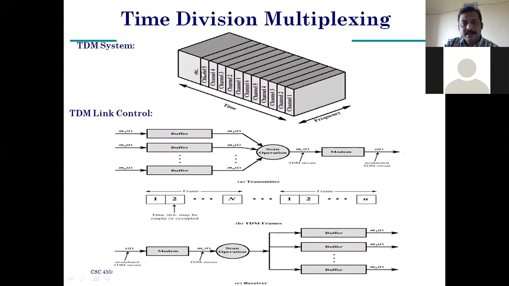Each and every channel is treated as a time slot. Channel 4 or channel 5 contains a particular time period. Within that time period, the data signal should be transmitted from sender to receiver. That is the intention of time division multiplexing. There are more slots available for data transmission or signal transmission.